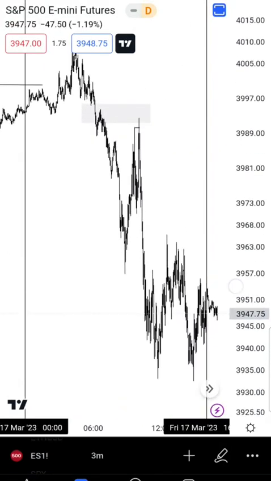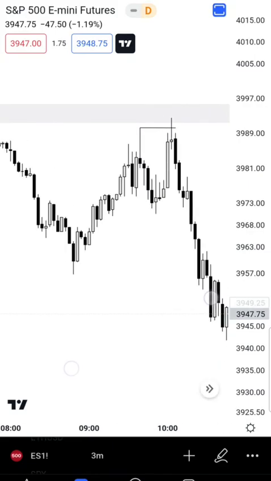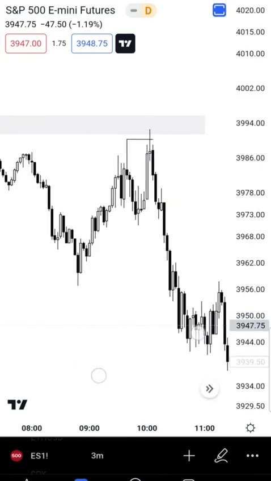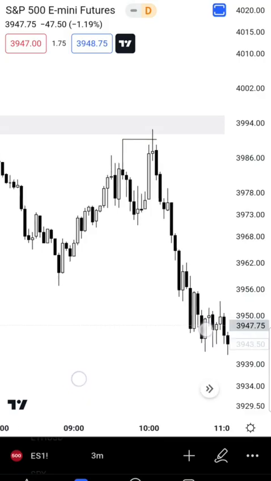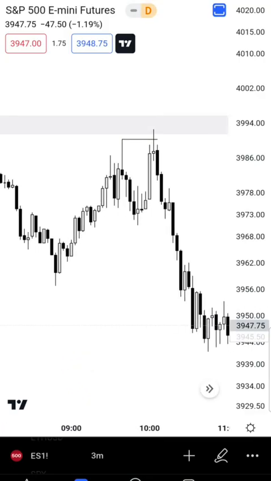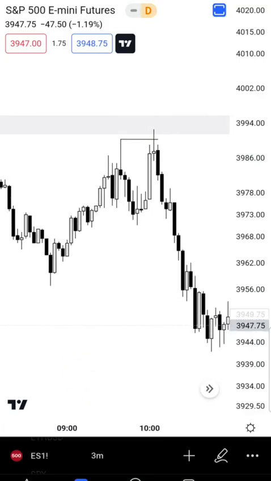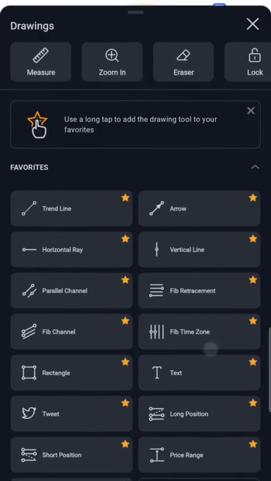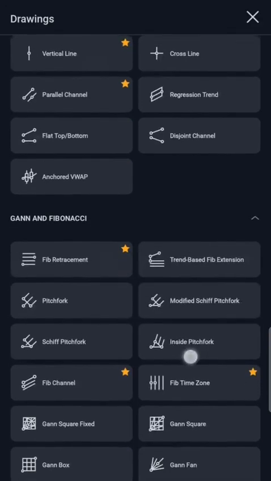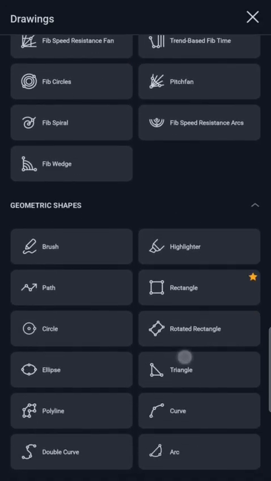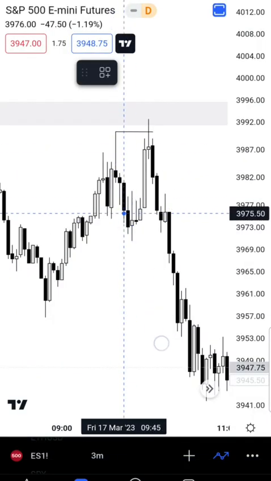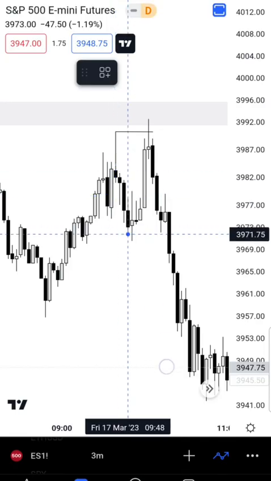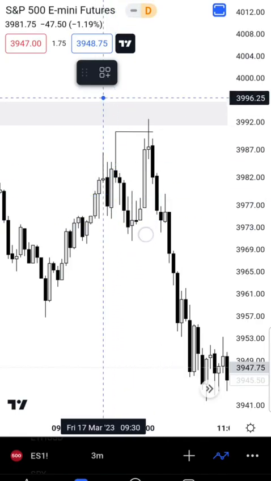My entry was based on the 3 minutes, of course, as you saw, the famous, not infamous. Infamous means bad. The drawing was based on this, so I had this 1 hour fair value gap pending to be purged. So when I saw this fake market structure shift, I knew someone had been suckered in.